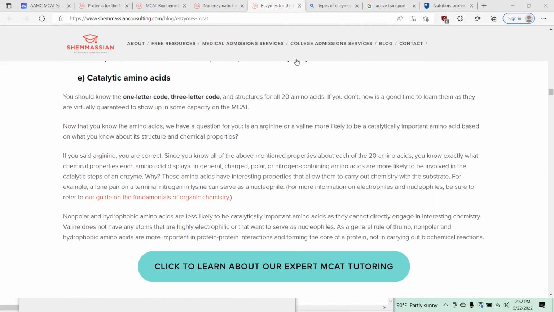The reason they're asking you this question is because arginine and valine have different properties. Valine is a nonpolar molecule, whereas arginine is a positively charged amino acid. So which of these, the positive or the nonpolar, would be more important catalytically? And when I mean catalytically, which one would be more likely to be involved in a reaction?